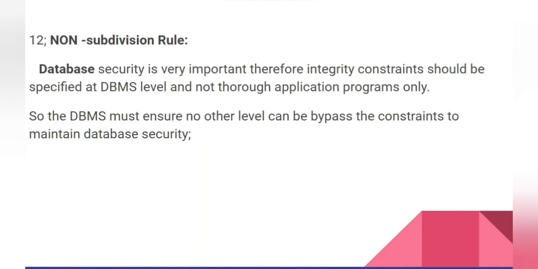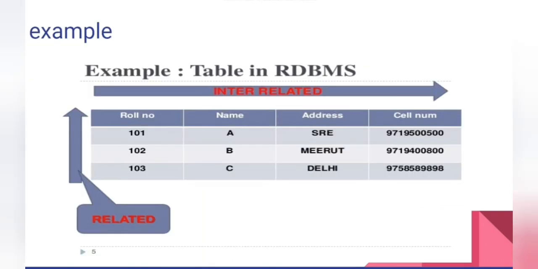So application programs are independent from the DBMS. The DBMS must ensure no other level can bypass the constraints maintained for database security. So we should specify security constraints not through the application program. The application program provides services. When we add a new feature to security, it will not affect our application program. So these are the core rules which specify everything.